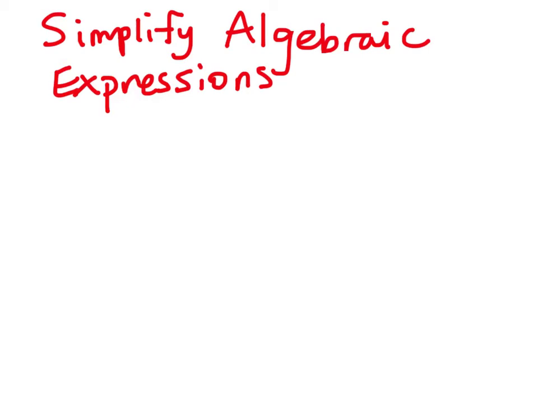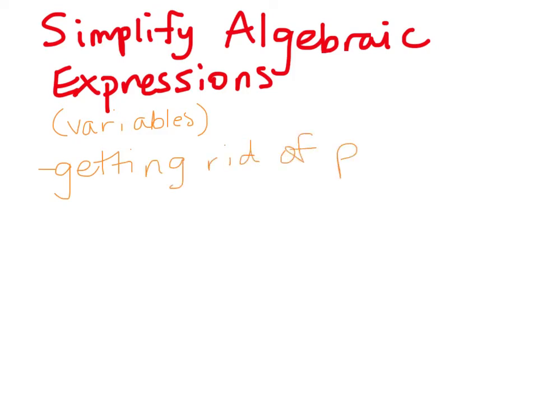Algebraic expressions are when we have variables. So when I have variables, I can simplify them using the distributive property by getting rid of my parentheses. And we'll look at some examples of these. But I want to get rid of those parentheses.